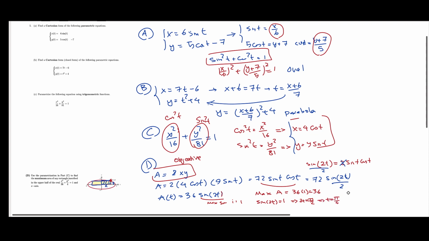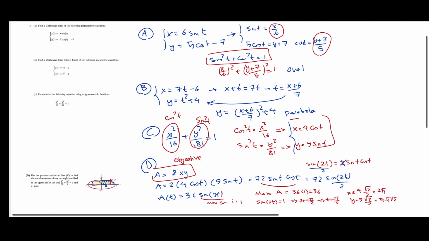So putting it back in here, I get 4 square root of 2 over 2, y is 9 square root of 2 over 2. I have 2 square root of 2 and 4.5 square root of 2.